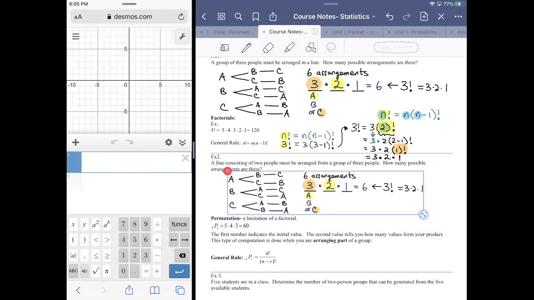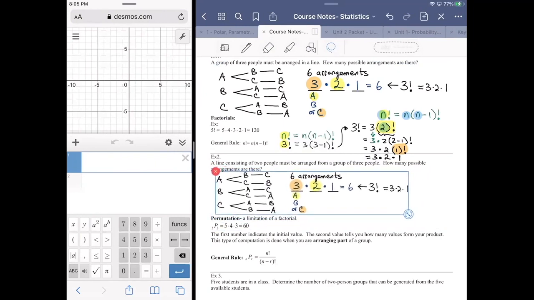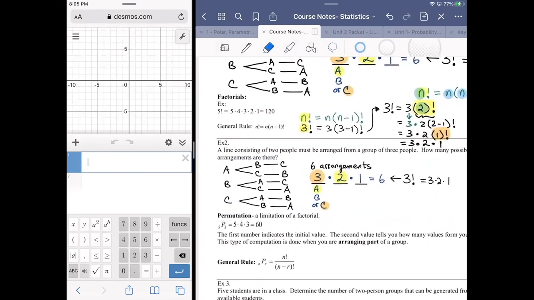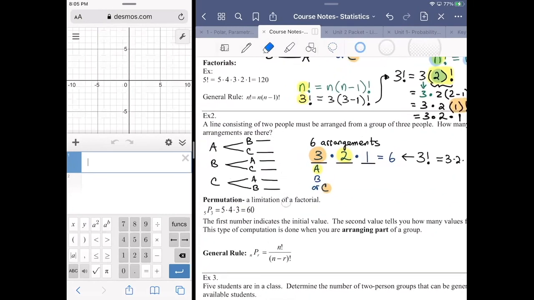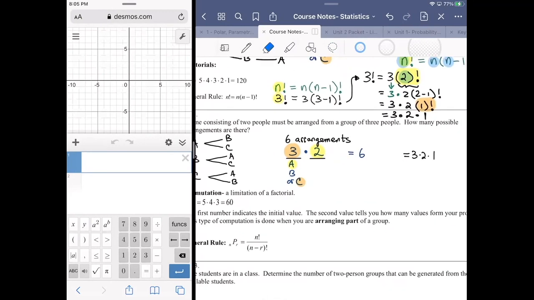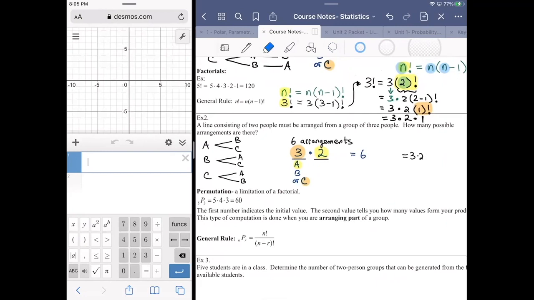So instead of having 3 people that are going to be arranged in 3 slots, I'm going to have 3 people arranged in 2 slots. So that would eliminate this stuff, but virtually everything else is the same.